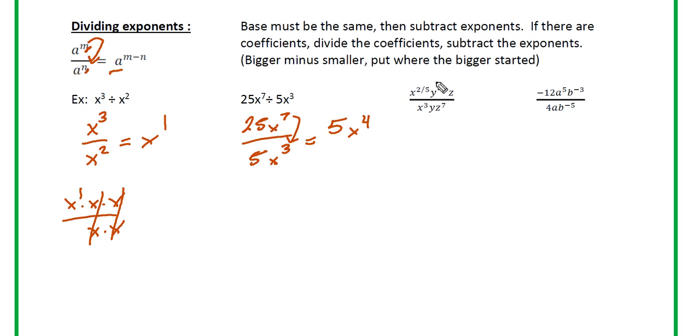If we take a look at the next one, let's just straightforwardly use the quotient rule to start. And then we could think about how we could do this a little bit more efficiently in the future. First we have x to the 2/5 over x cubed. That's something that we could simplify.